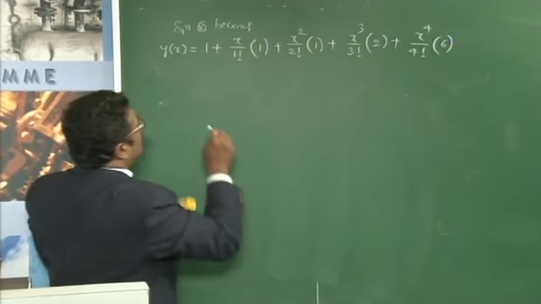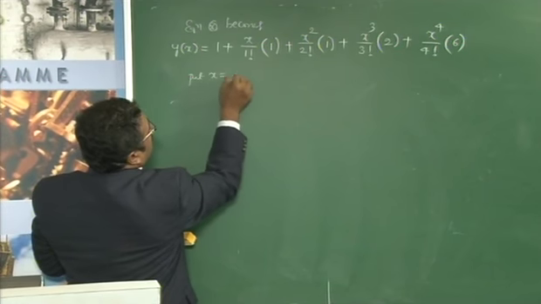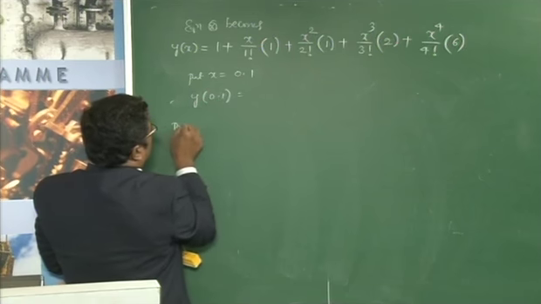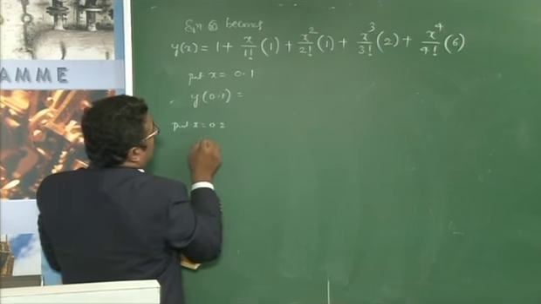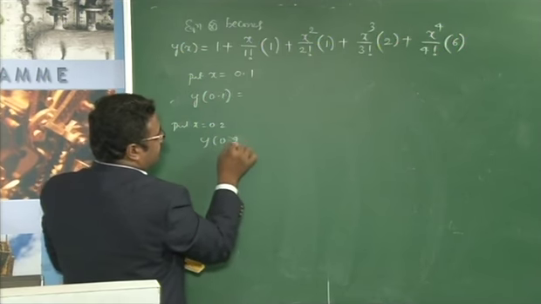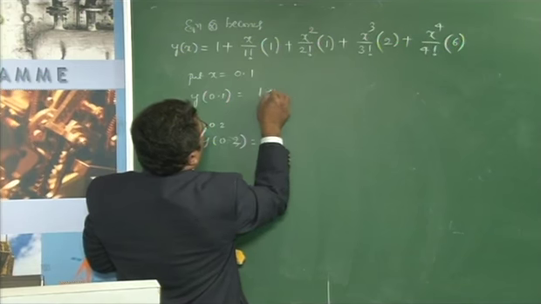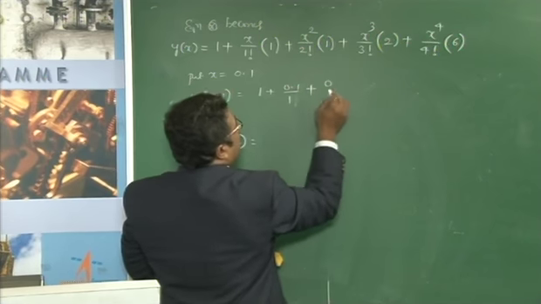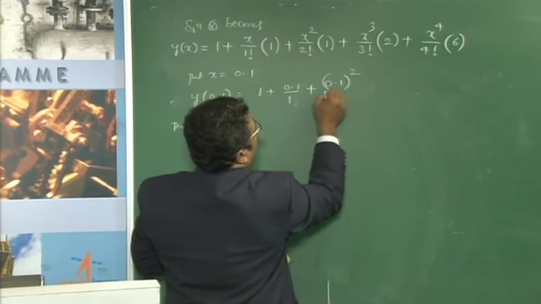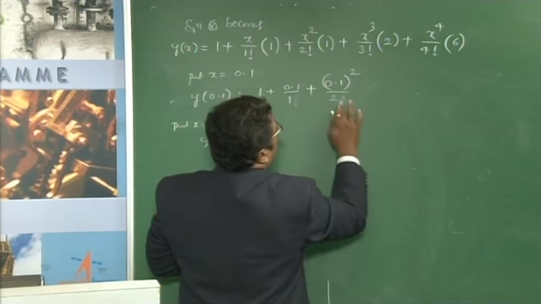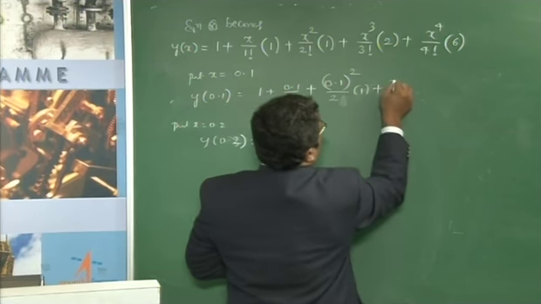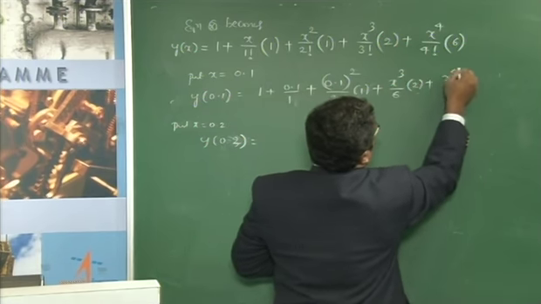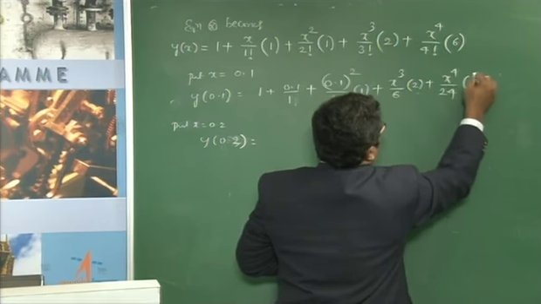Again as usual, putting x equal to 0.1 gives the corresponding value of y of 0.1, and again putting x equal to 0.2 will give y of 0.2. This becomes 1 plus 0.1 by 1 factorial, plus 0.1 whole square by 2 factorial into 1, plus x power 3 by 3 factorial, which is 6, into 2, plus x power 4 by 24 into 6.